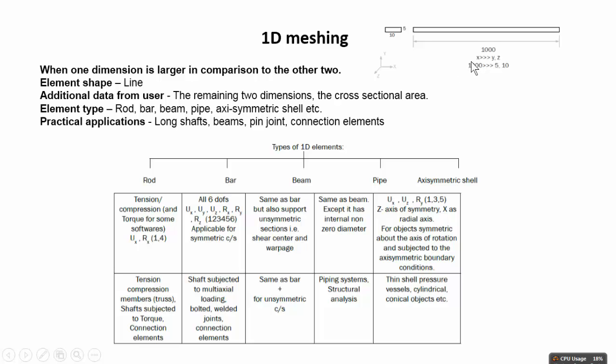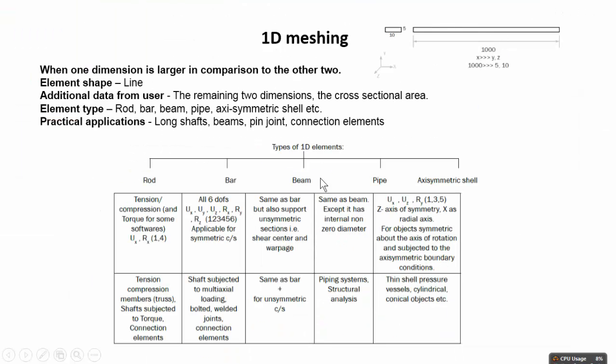The element types in the 1D elements are rod, bar, beam, pipe, axisymmetric shell, etc. So the practical applications of 1D elements are long shaft, beam, pin joint, connection elements.